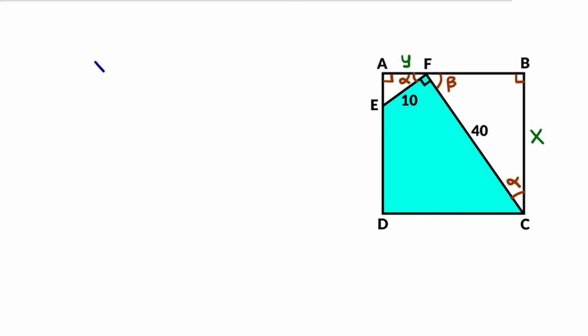So we get X over 40 equals Y over 10. Cross multiply, and suddenly we discover something huge. X equals 4Y. The side length of the square is exactly 4 times that smaller segment.